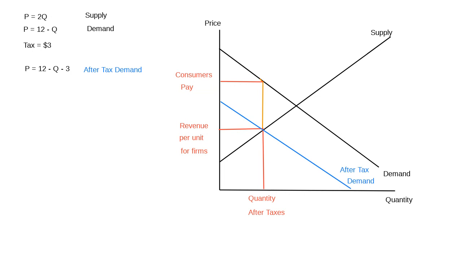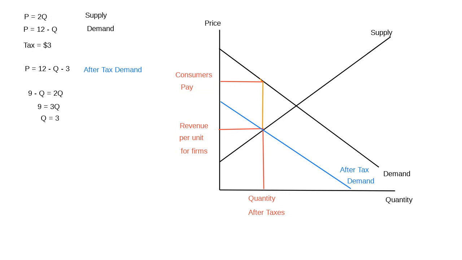After-tax demand, if we do the algebra, 12 minus 3 is 9, minus Q, and supply, which is 2Q. Again, we just do some algebra. We put the Q on the other side, so 9 equals 3Q. And so Q equals 3.